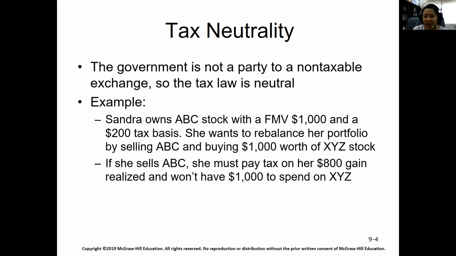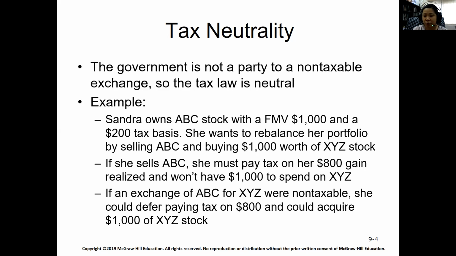So if the government says this transaction is non-taxable, because she used the same amount, $1,000, to invest in XYZ stock after she sold ABC stock, then she will defer paying tax on the $800 gain, and she can use the whole $1,000 to purchase XYZ stock. Okay, so this is called a non-taxable exchange.